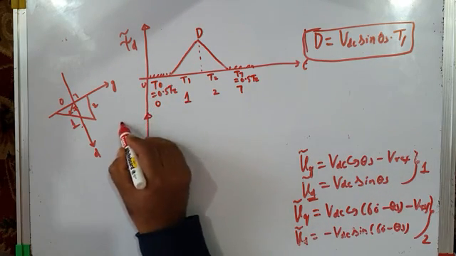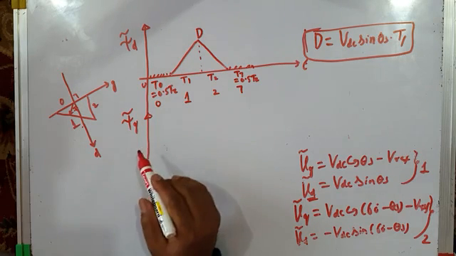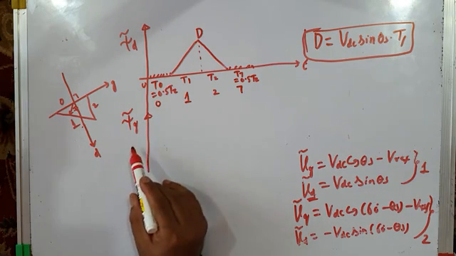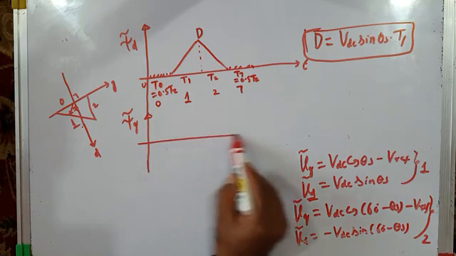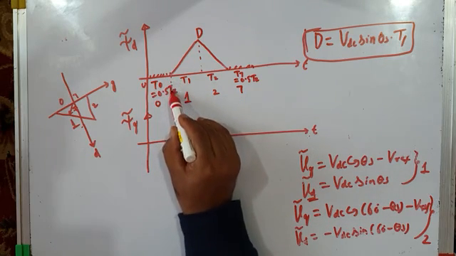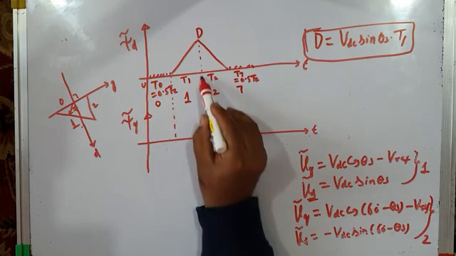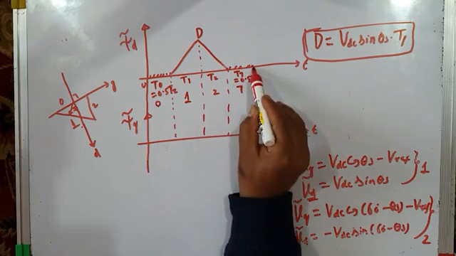What about psi q tilde? That is the q-axis component of the stator flux ripple vector. Let us draw that q-axis component. This is again the time axis. You can very clearly see when the null vector is applied, then active vector 1, then active vector 2, then again the null vector.